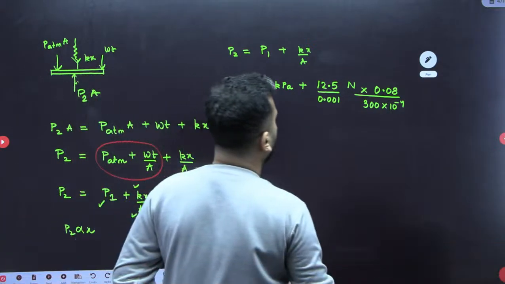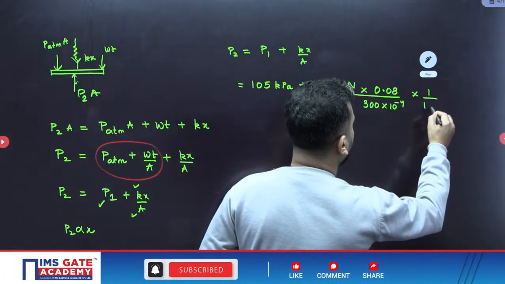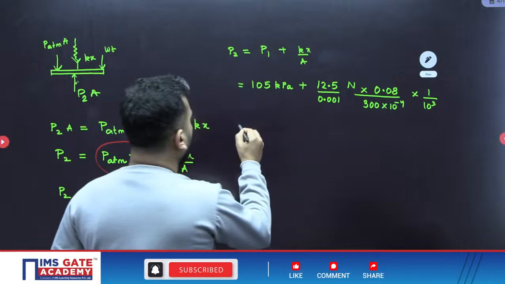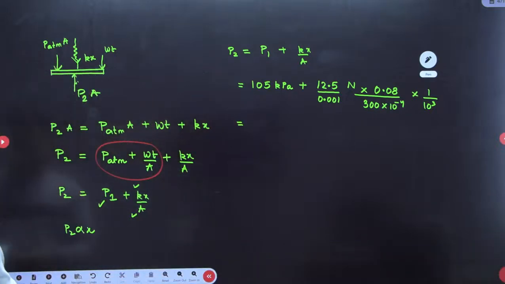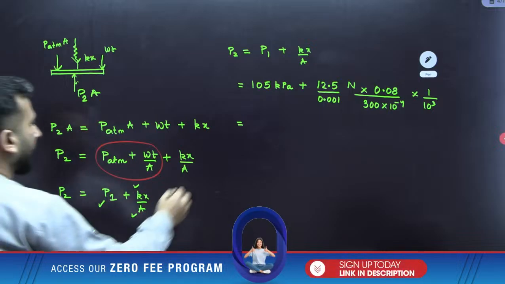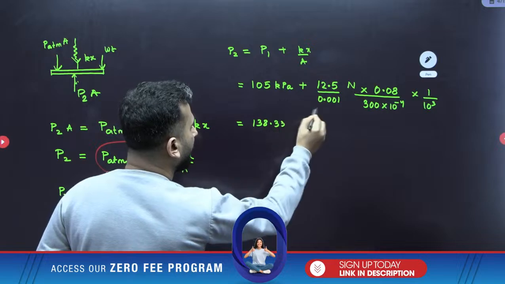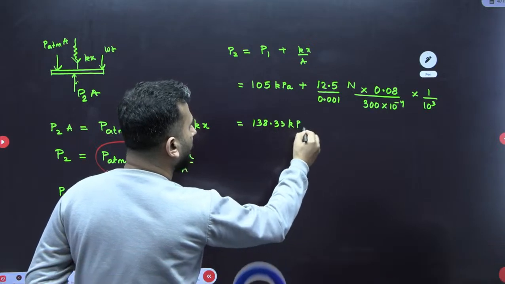This will give you Pascal, so I should again divide it by 1000 so that it becomes kilopascal. You can do the calculations, my dear friends, and the final pressure we are going to get is approximately 138.33 kPa.